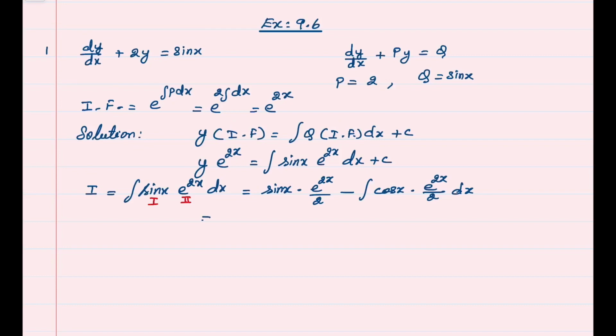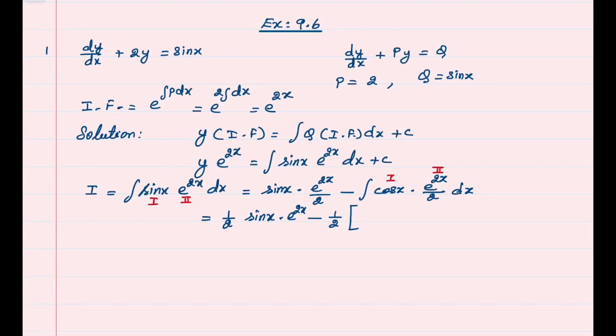dx. We will do integration by parts again by taking cos x as the first function and e power 2x as the second function. Half into sin x times e power 2x minus half, which can be taken out with brackets because we are going to write two terms and this minus half is common to both terms.